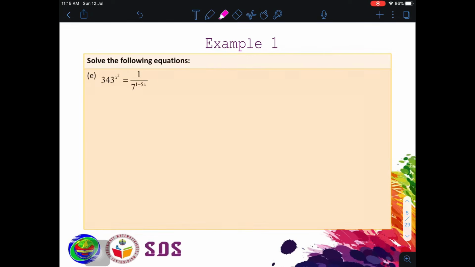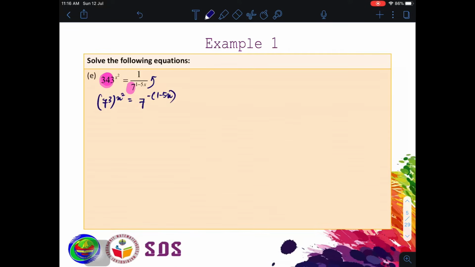Okay, for part E, please focus on the number 343 and the number 7. So the number 343 can be changed into 7 to the power of 3. Use your calculator. And this below part, you can bring it upwards. When you bring it upwards, you will get a negative power.